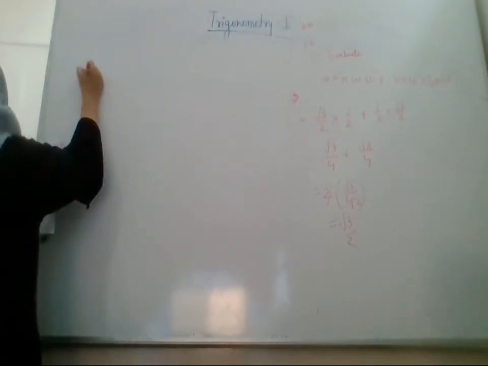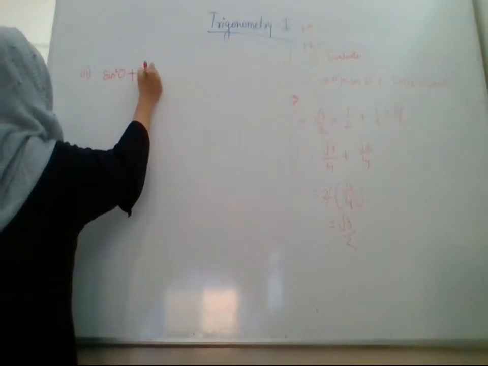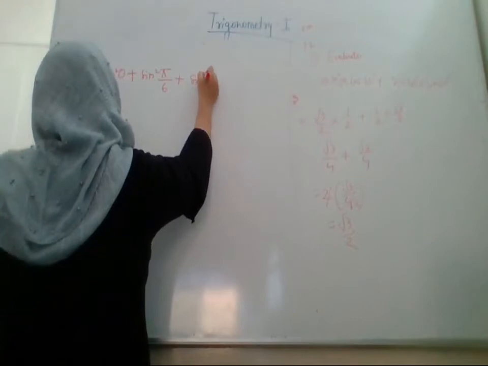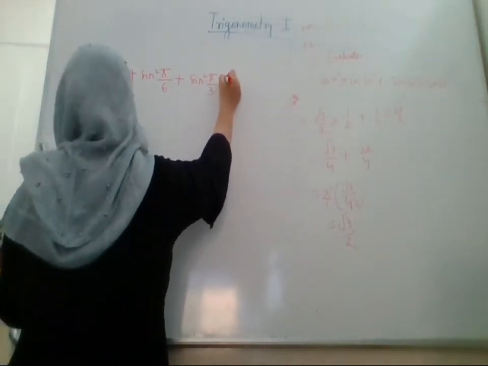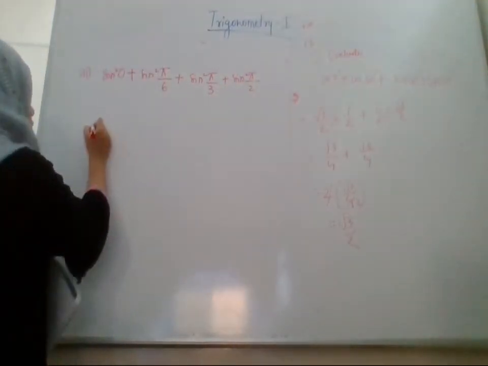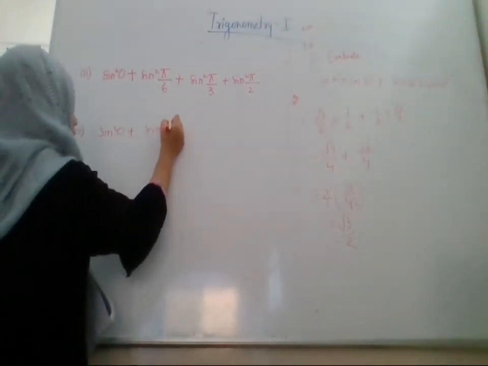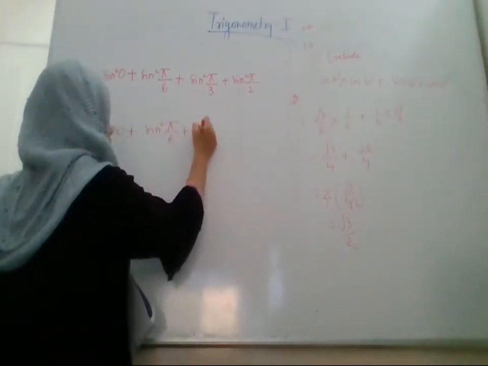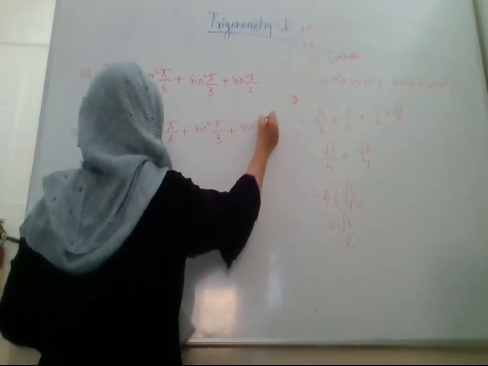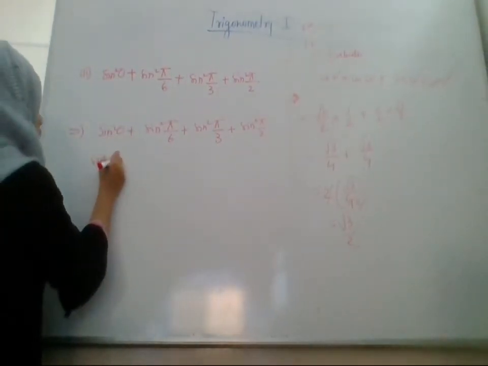So the third expression is sine square 0 plus sine square pi by 6 plus sine square pi by 3 plus sine square pi by 2. Okay. Now first we write this in degrees.